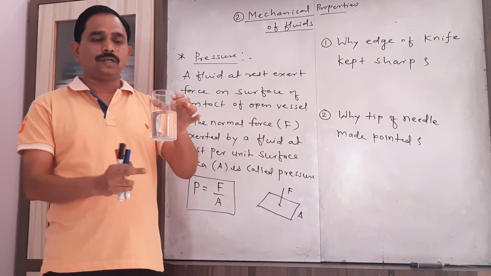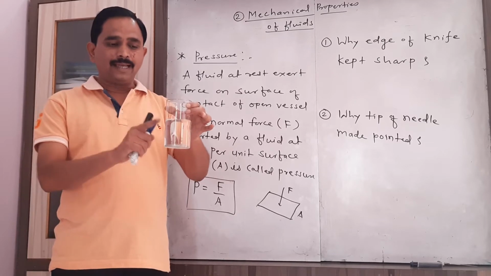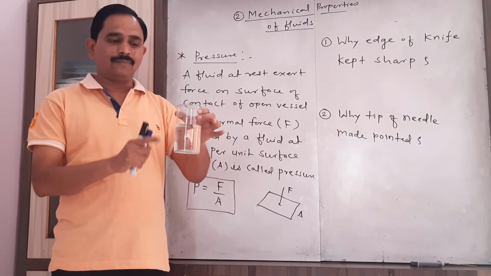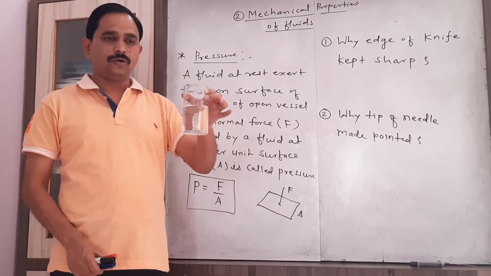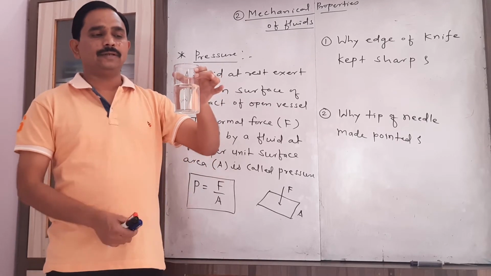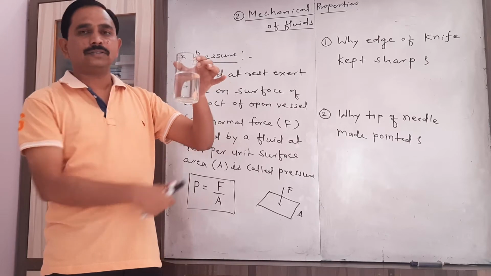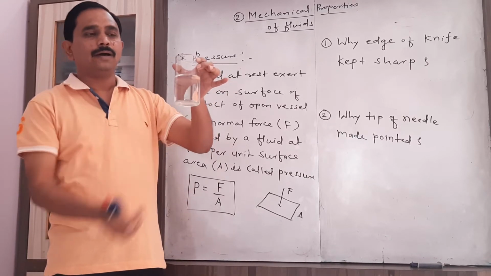Now when this water is taken in a glass, this water exerts force on the surface area which is in contact with the water. All of you can easily observe that the water is in contact with the curved surface, that is the walls of the glass, as well as the bottom of the glass.